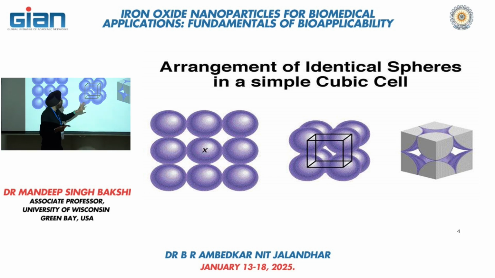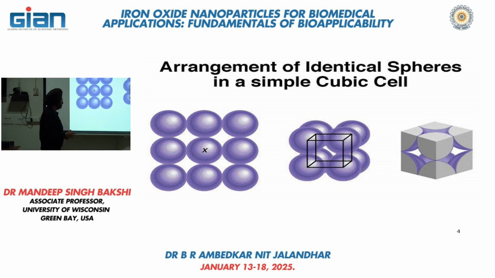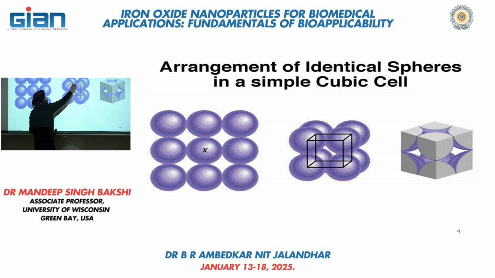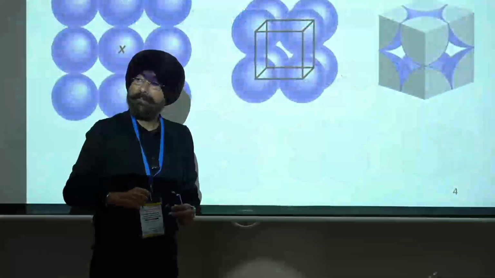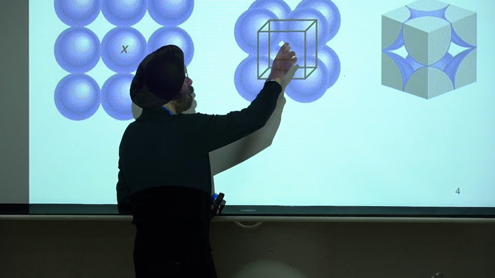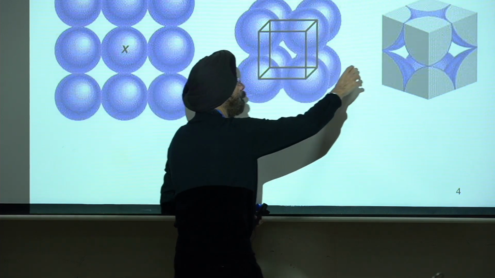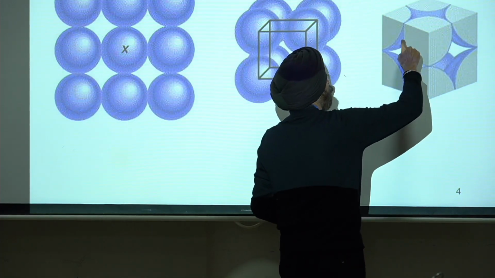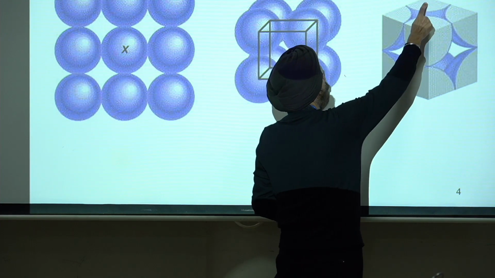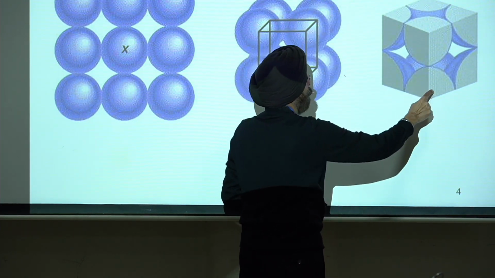Assume that this cube is a razor-sharp frame, and if I hold the sharp frame and snatch it out, some part of each atom is going to be included in the cube: the part of this atom, this one, and this one.